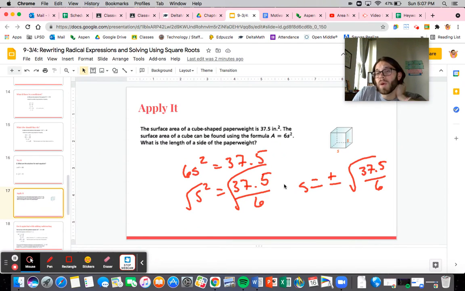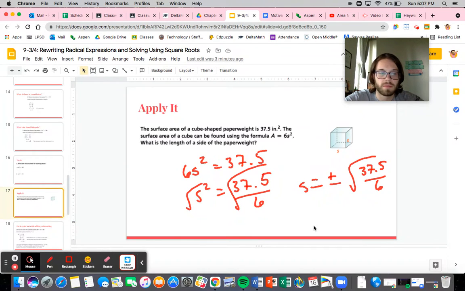So, what do we know about it? We know that this is 37.5 divided by 6. This is going to be a little bit more than 6, so the square root of a little bit more than 6. So your number is going to be plus or minus 2.3, close to that. Let me actually see what it is. Square root of 37.5 divided by 6.